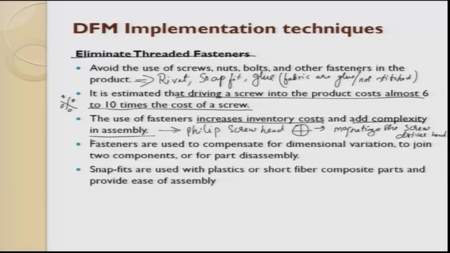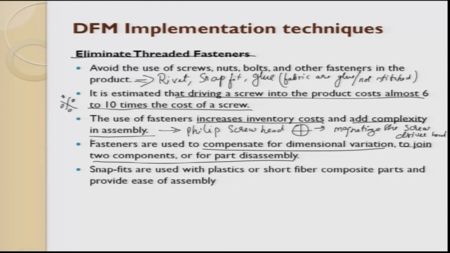It is always easy to use fasteners, but it always increases inventory and complexity. Fasteners are used to compensate for dimensional variation, to join two components, or for part disassembly. I do understand this, because you always put a spacer or a washer in between to take up the dimensional variation.